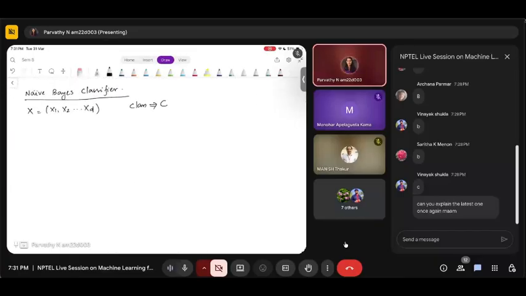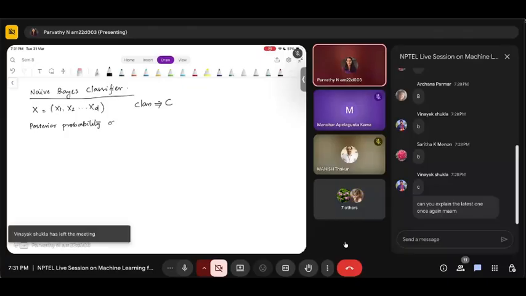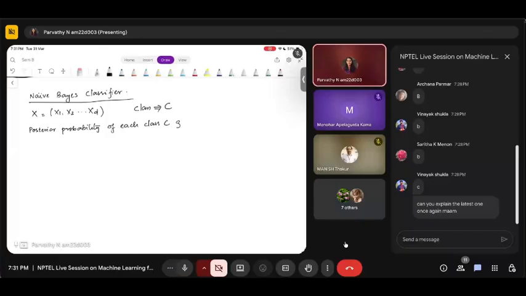So we have a class C. Then we have to find the posterior probability of each class C given some value of the feature, let it be given x. That is represented by probability of C given x.